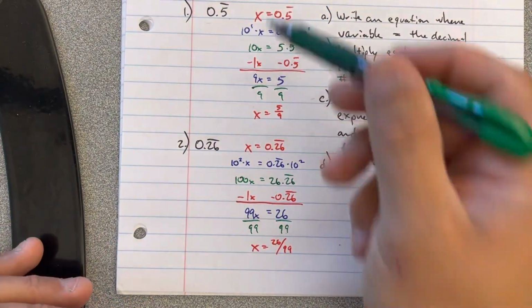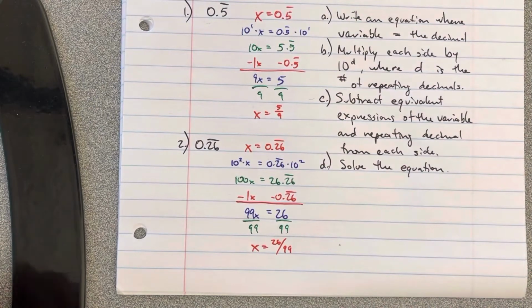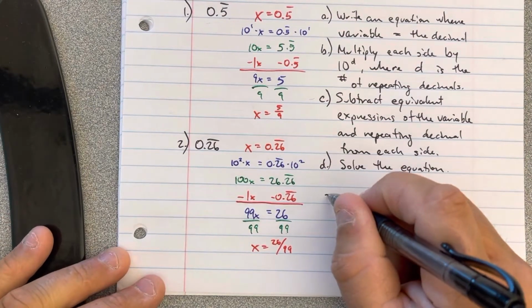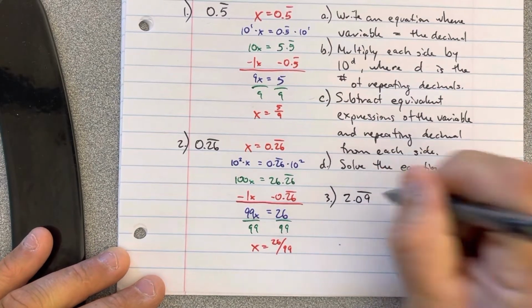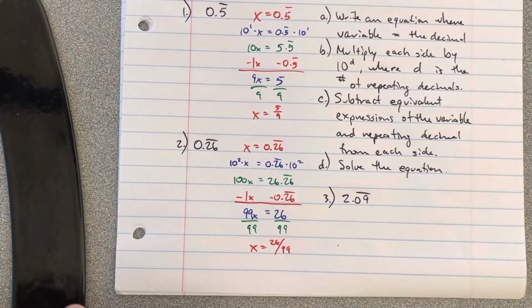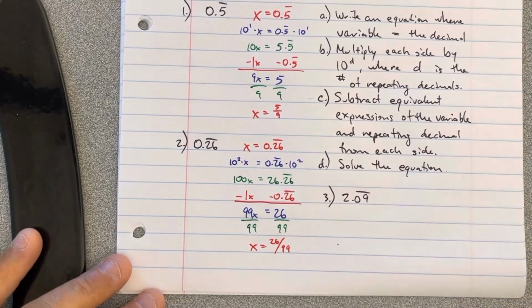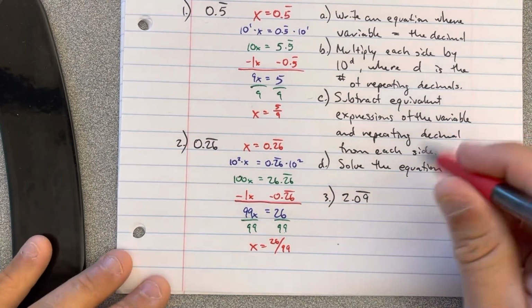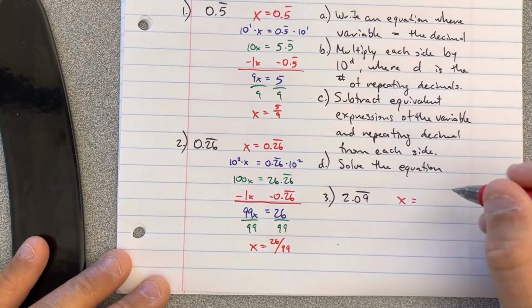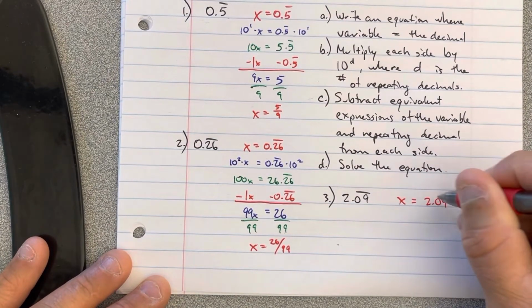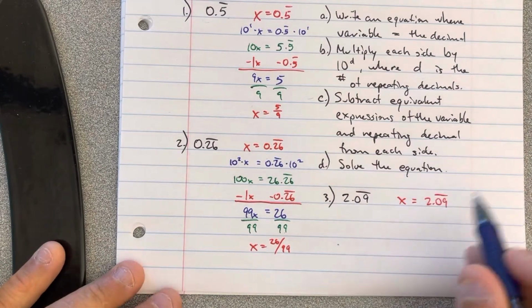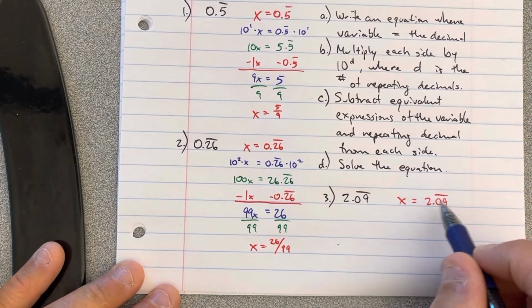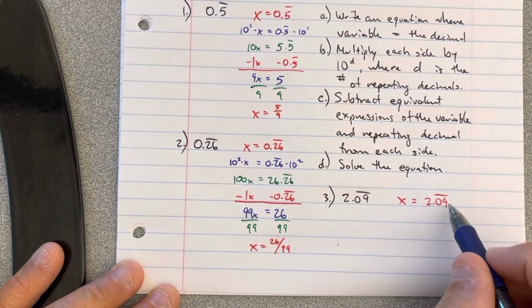That part is simple to use, but when I get to an example like number 3, where I have 2.09 repeated, this is where it gets tricky and I really have to utilize the rule. So we'll write our equation: x equals 2.09 repeating. We multiply by 10 to the second power because only these two digits are being repeated. The 2 is not being repeated, only the 0.09.